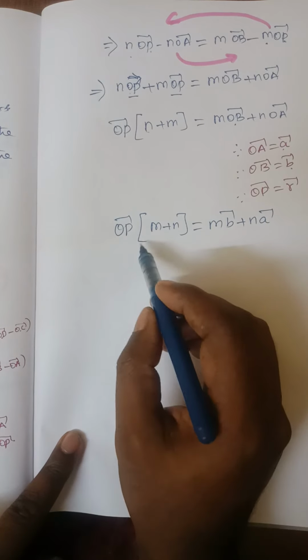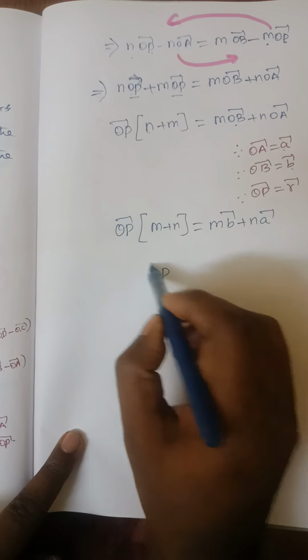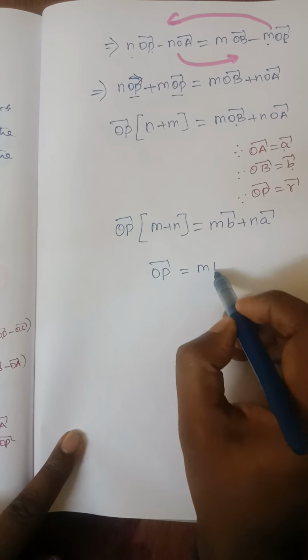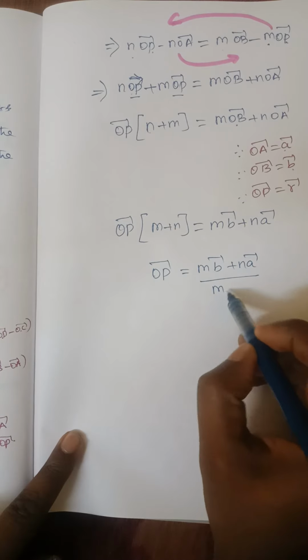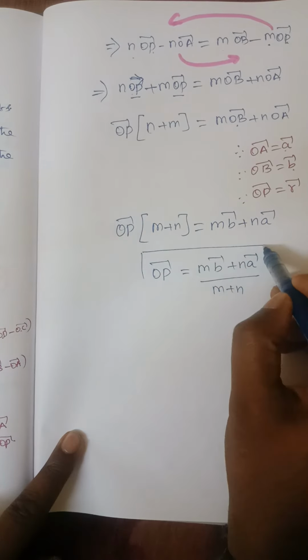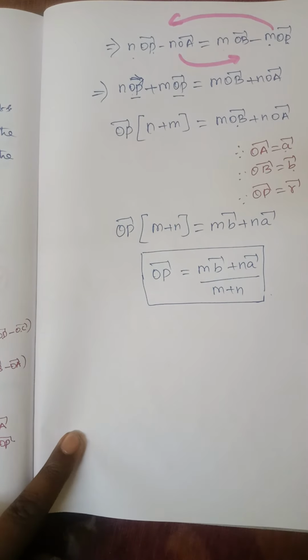Now I am going to take this m plus n to the other side. So OP vector is equal to (m B vector plus n A vector) by (m plus n). This is the proof of our theorem. Okay. Thank you, children.